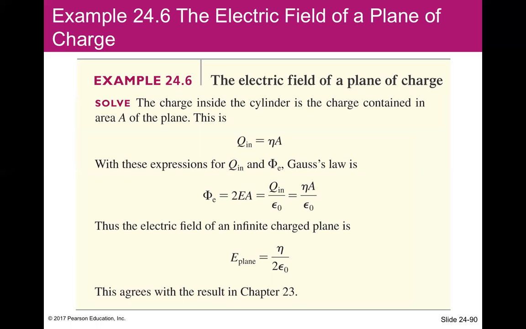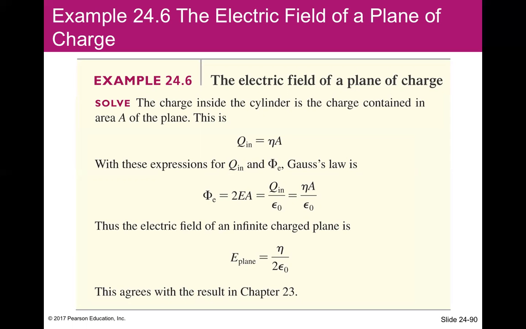From this equation, we can see that for the infinite large charged plane, the electric field is a constant. It's independent of the distance.